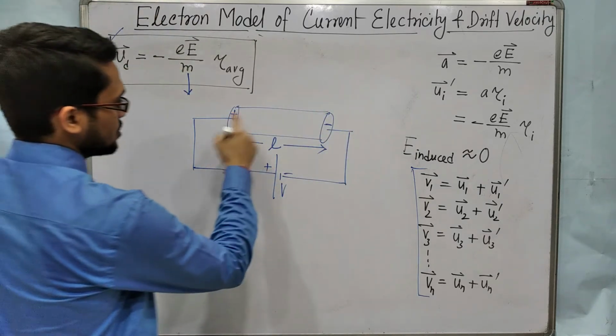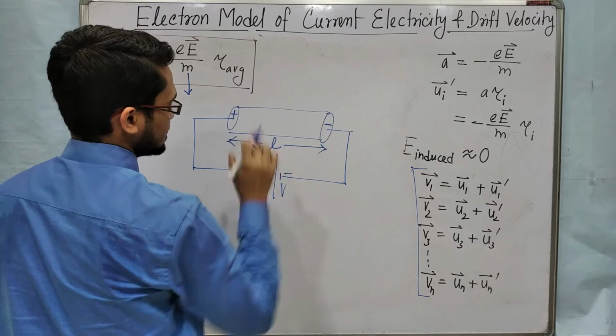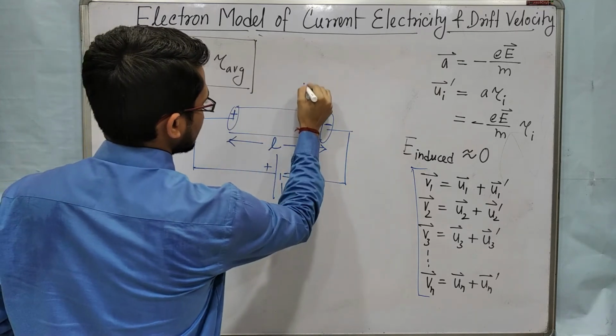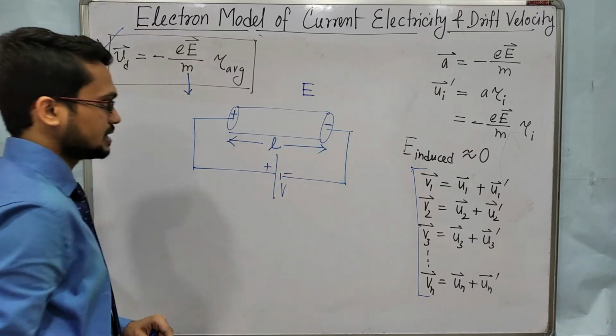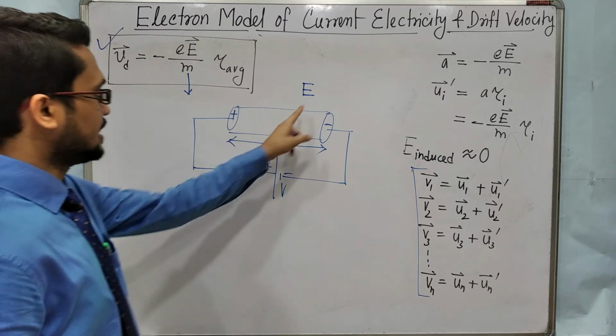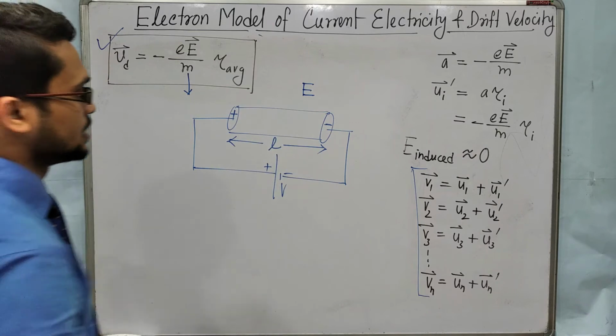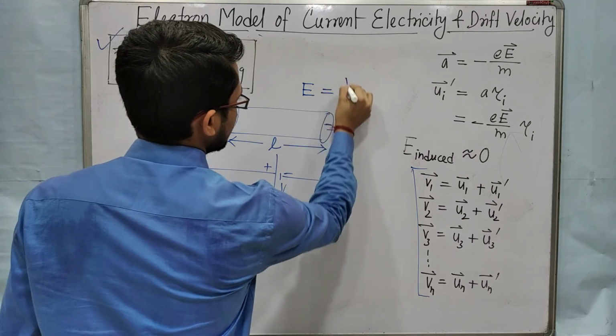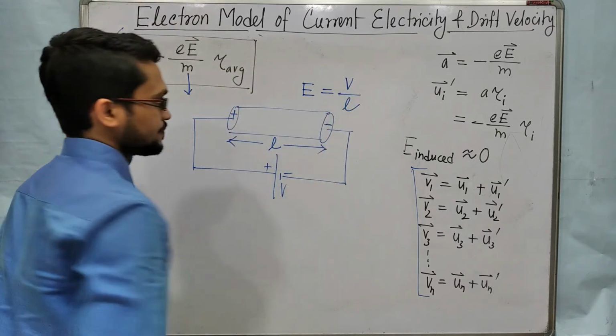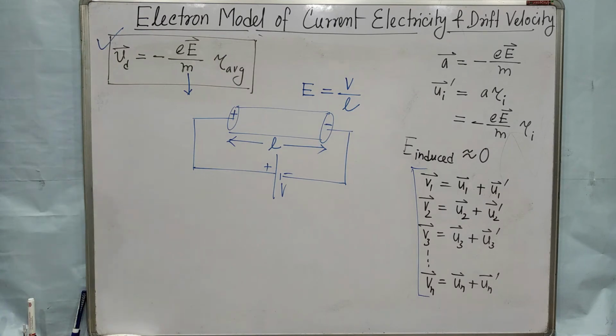V we know, the potential difference between the two ends. Length we know. So the electric field will be uniform in this region, and E will be V by L.